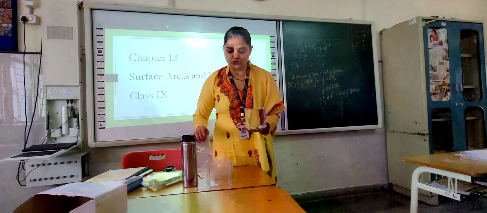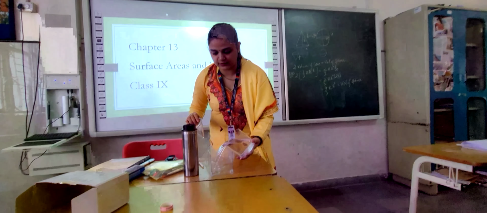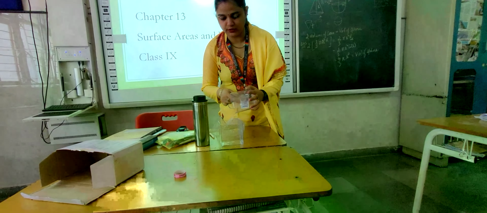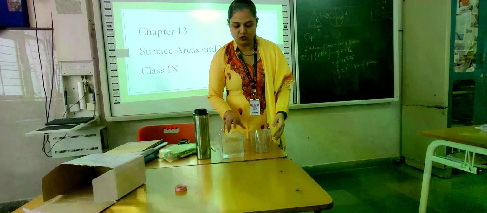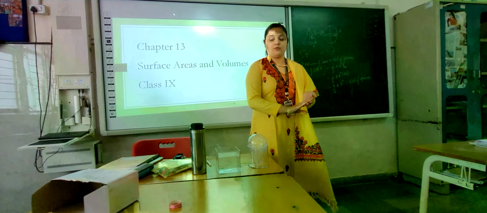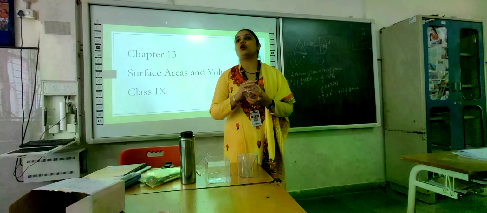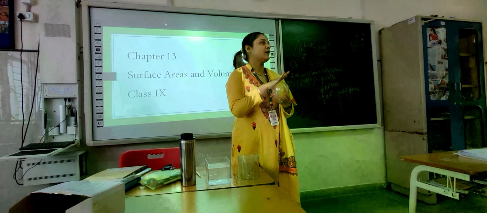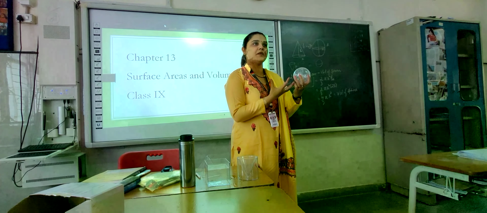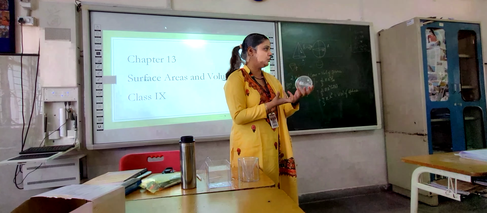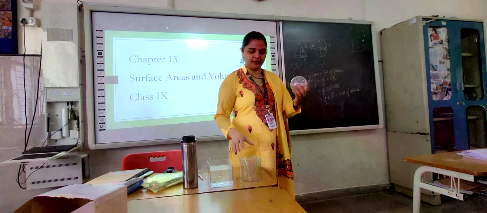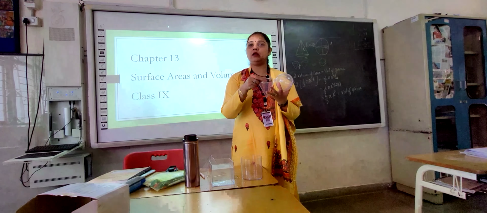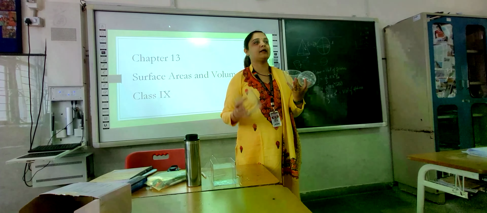Alright? So again I am shifting it over there to keep it comfortably on the table. So suppose now I have three sorts of glasses for you. One is a spherical one, maybe open from the top, a bit of the portion is open. One is conical and the third one is the cylindrical one.